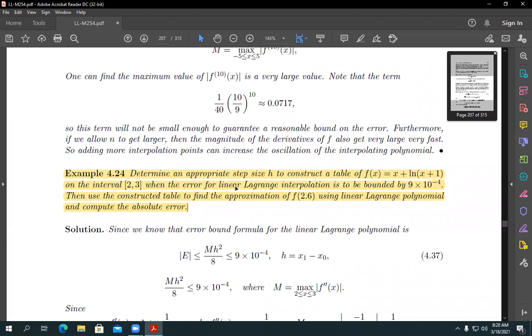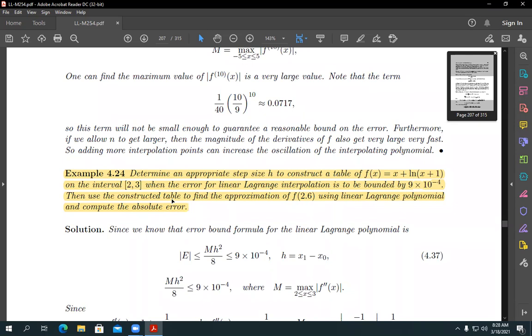Construct the table with the help of the error bound formula of the linear Lagrange with this accuracy. Then he says, use the constructed table to find the approximation of f(2.6) using the linear Lagrange polynomial. Then compute the absolute error. This is the easy thing.